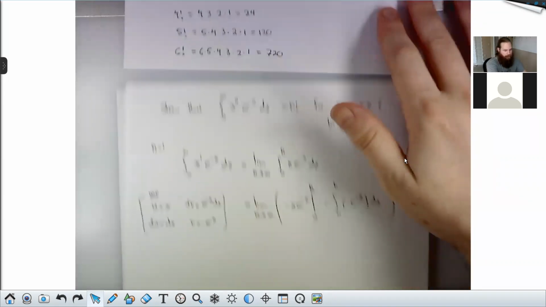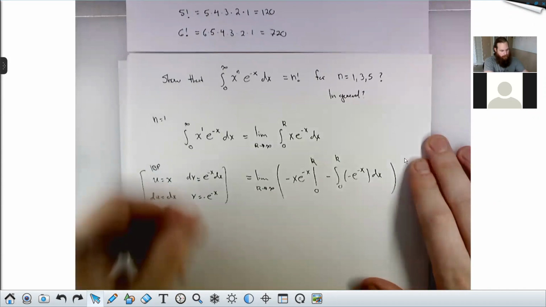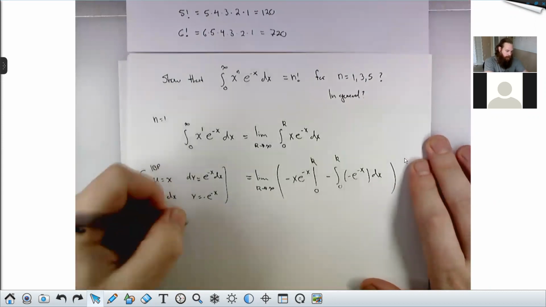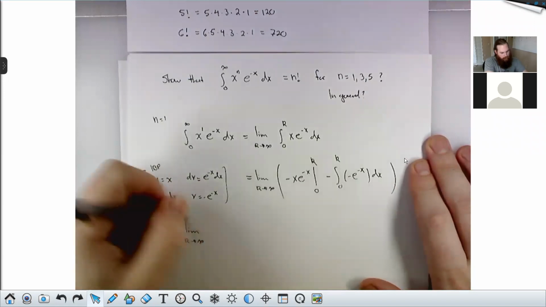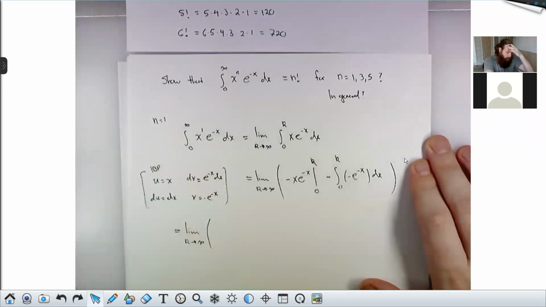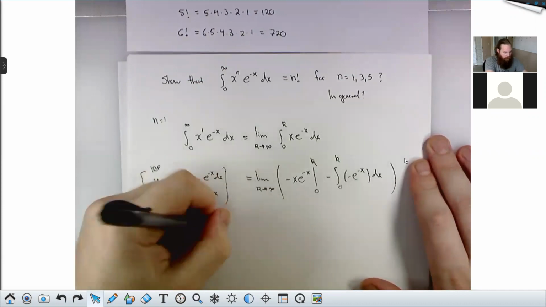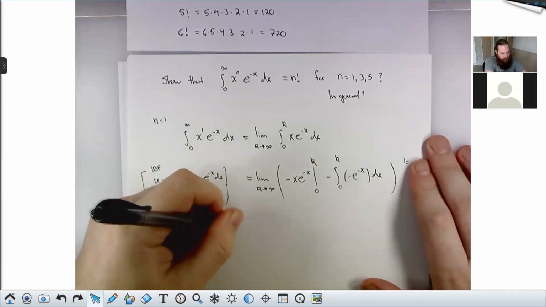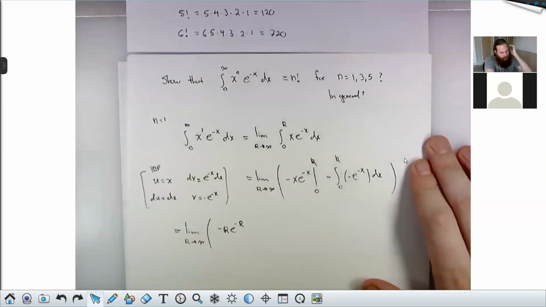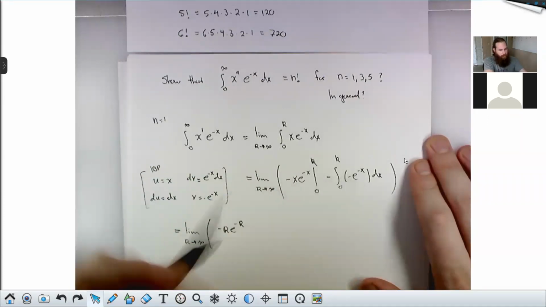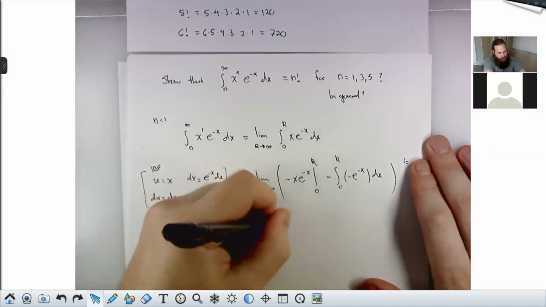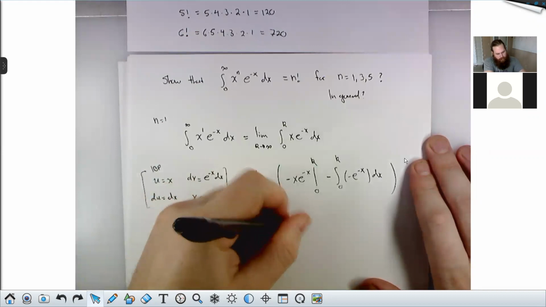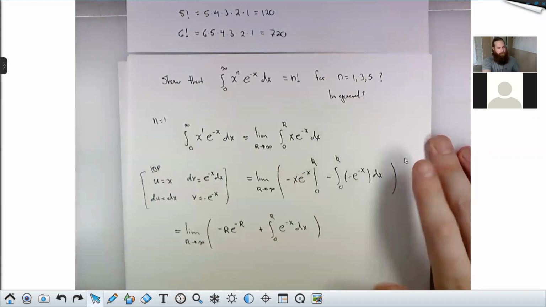Now that first piece, I can evaluate between bounds. When I plug in r, I get negative r e to the negative r. When I plug in 0, I get 0, so that goes away. The two minuses here will make a plus, integral 0 to r e to the negative x dx, like this.